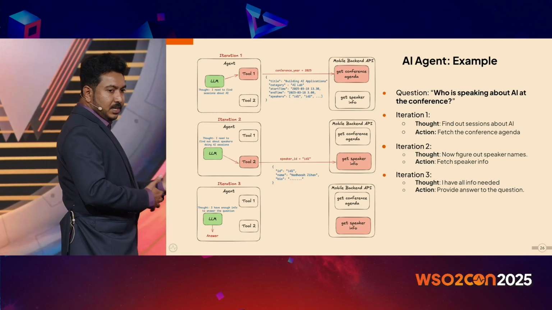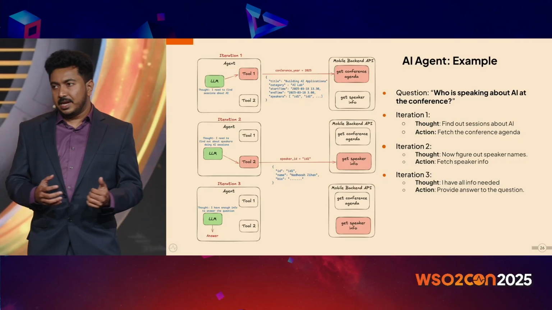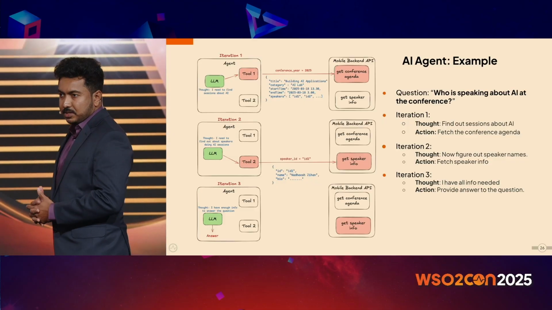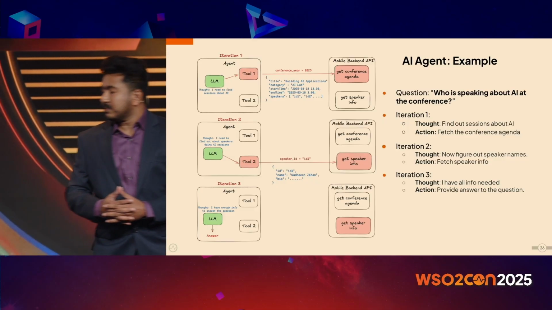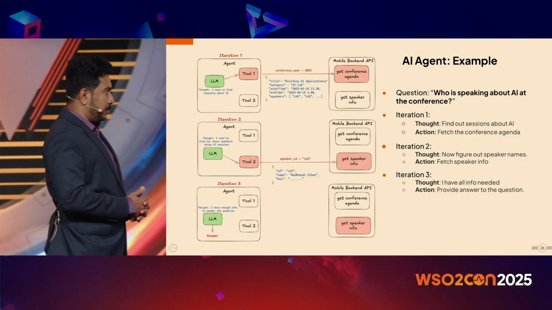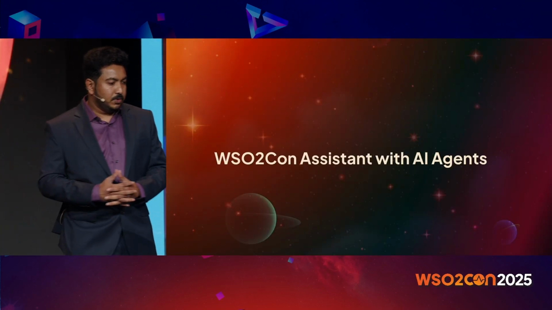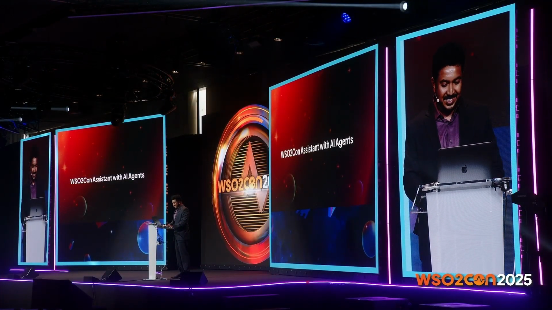So it has to figure that out. Once the agent has enough information to answer the question, it will think, okay, I have enough information, and this is the answer to the question you gave me. So this is the process with AI agents. So what do you say? We will build the agent and see how it works.